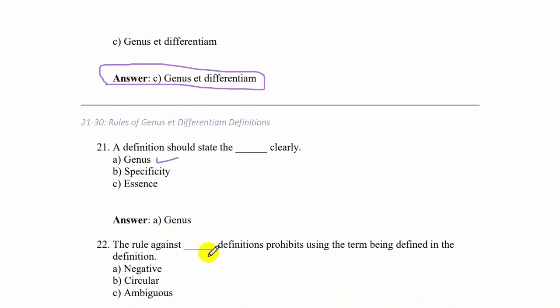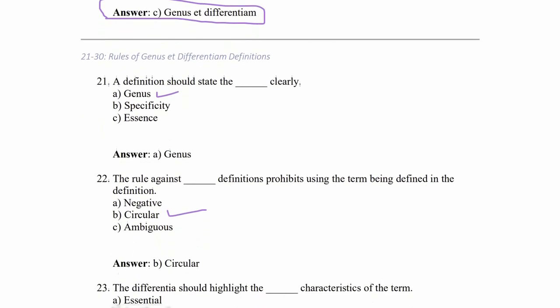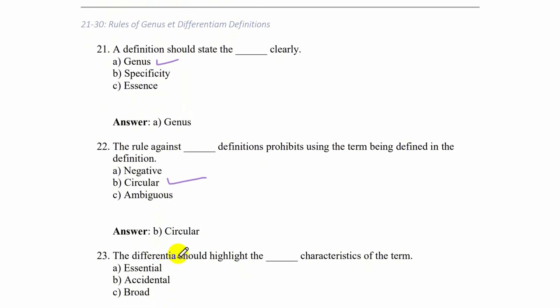The rule against circular definitions prohibits using the term being defined in the definition. The differentia should highlight the essential characteristics of the term.